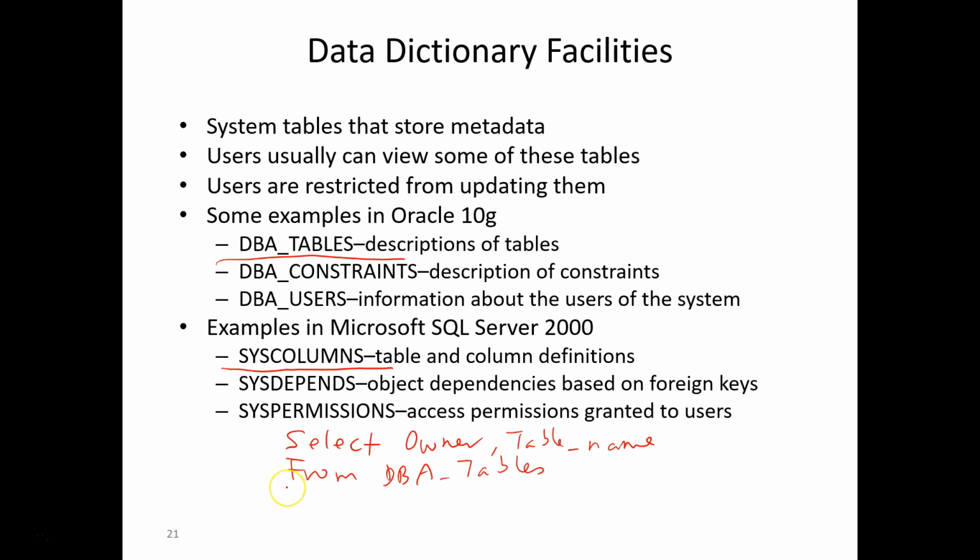And if you're looking for the owner of a particular table, you can put in the where clause, where table_name equals, for example, the product table. And this is going to return the name of the owner of this particular table.